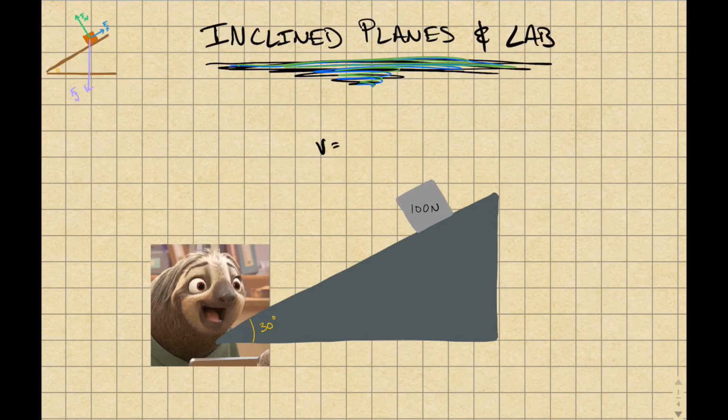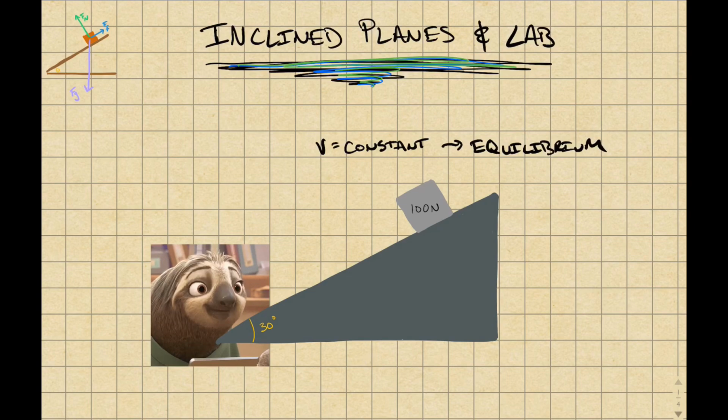And that is that if velocity is constant, that means something very specific. Really, what it means is the thing is in equilibrium. And equilibrium has some really important attributes that go along with it. When an object is in equilibrium, that means the F net is equal to 0 newtons.